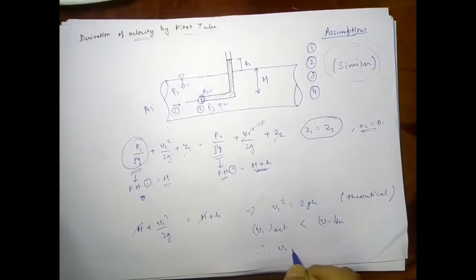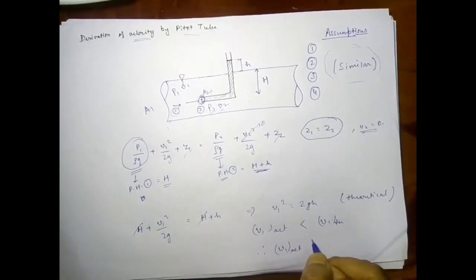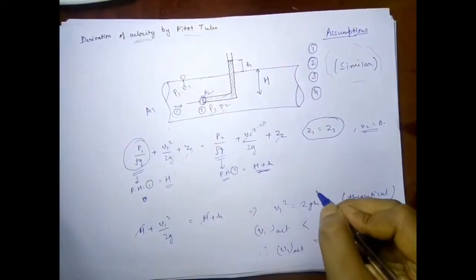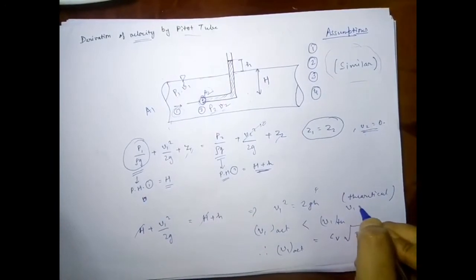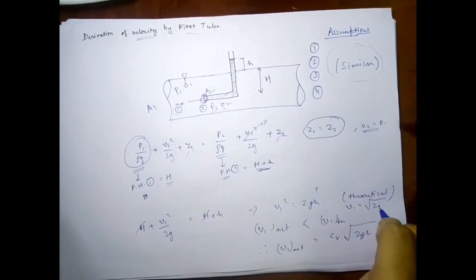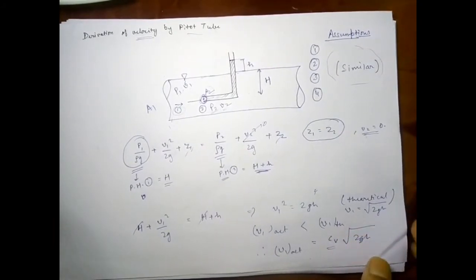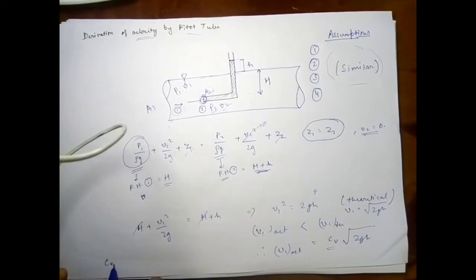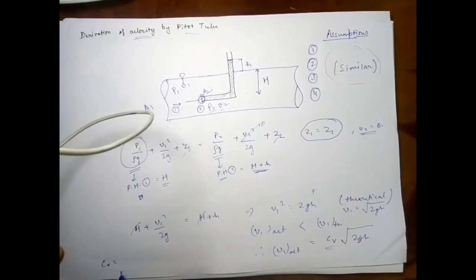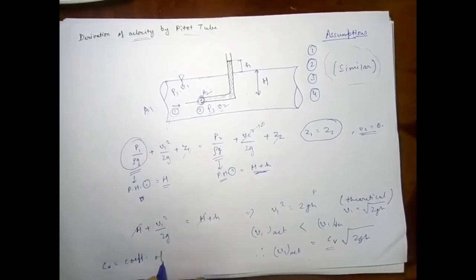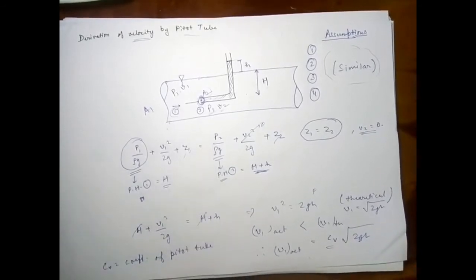V1 actual is equal to CV times root 2gh. Also you can write V1 theoretical is equal to root 2gh. So just by introduction of CV, V1 actual will be equal to CV root 2gh, where CV is equal to the coefficient of pitot tube. So CV is known as the coefficient of pitot tube.